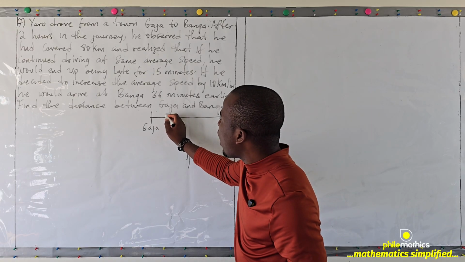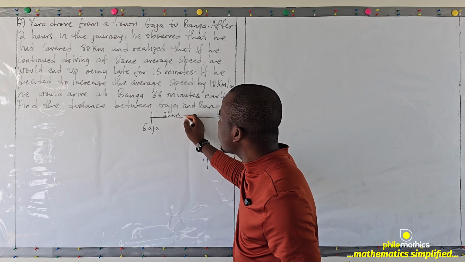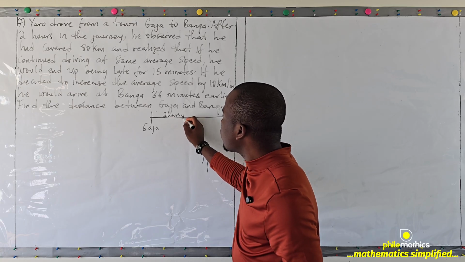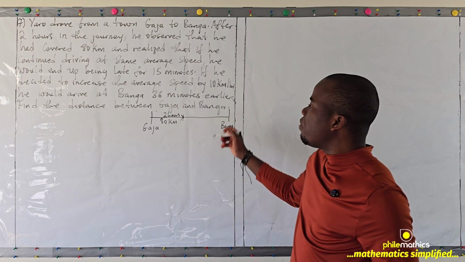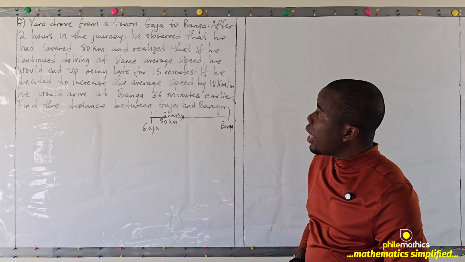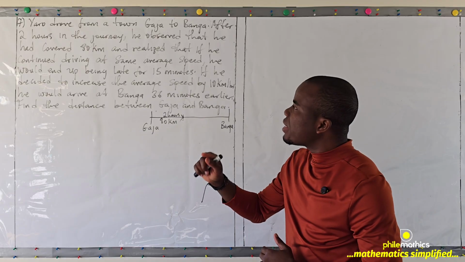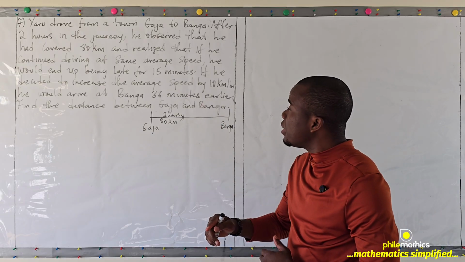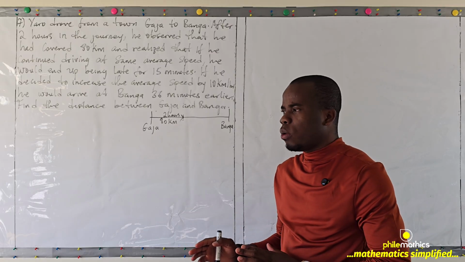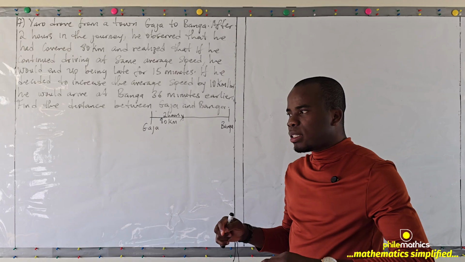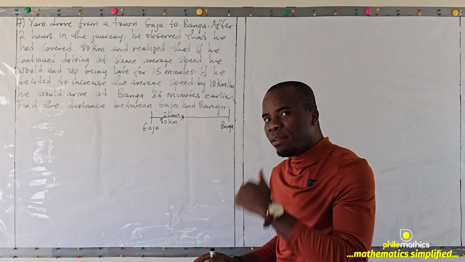So, after 2 hours, so let's call here 2 hours. He has covered 80 kilometers. So he still has a lot more to cover. And he realized that if he continued driving at the same average speed, he would end up being late by 15 minutes. Okay? So it dawned on him that with the way he was going, there's a high chance of arriving late at his destination.